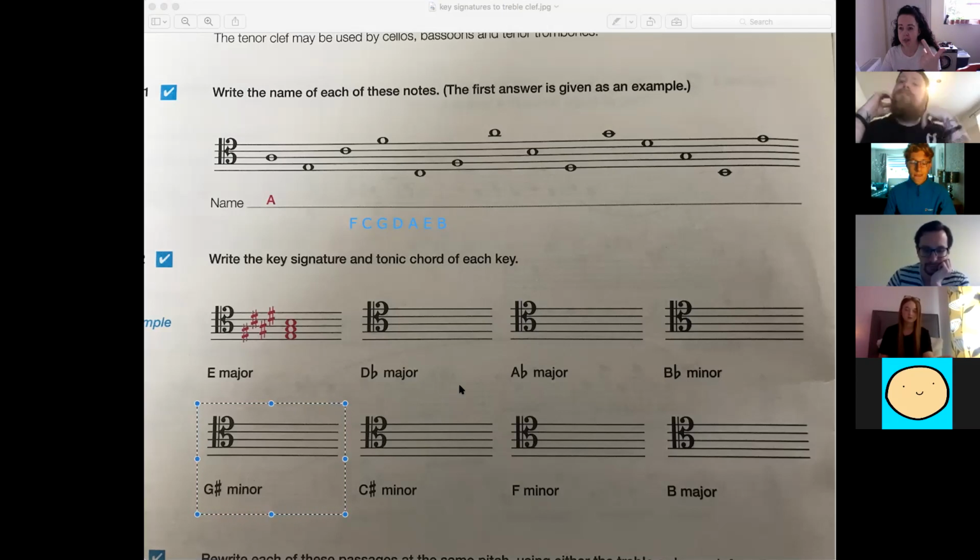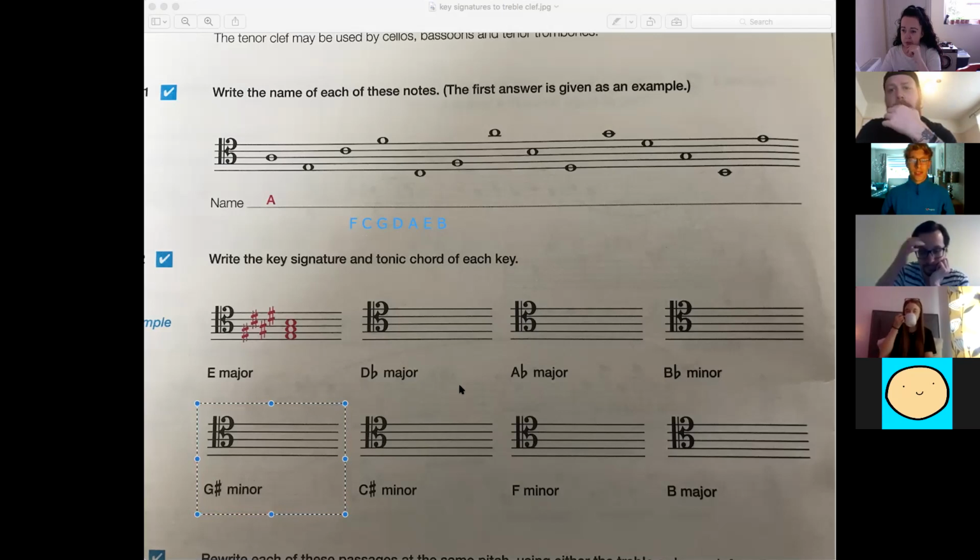And then we would have E. So the relative major is E. How many sharps or flats has E got? 4. It's got 4 sharps, so therefore you will put them in. Make sense?